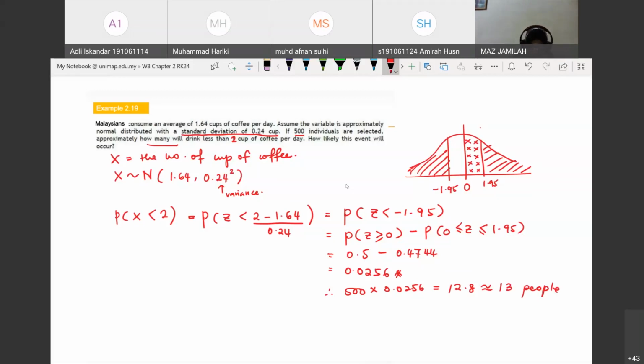Okay, so how likely will this event occur? Since the probability is very small, you can say it is less likely.